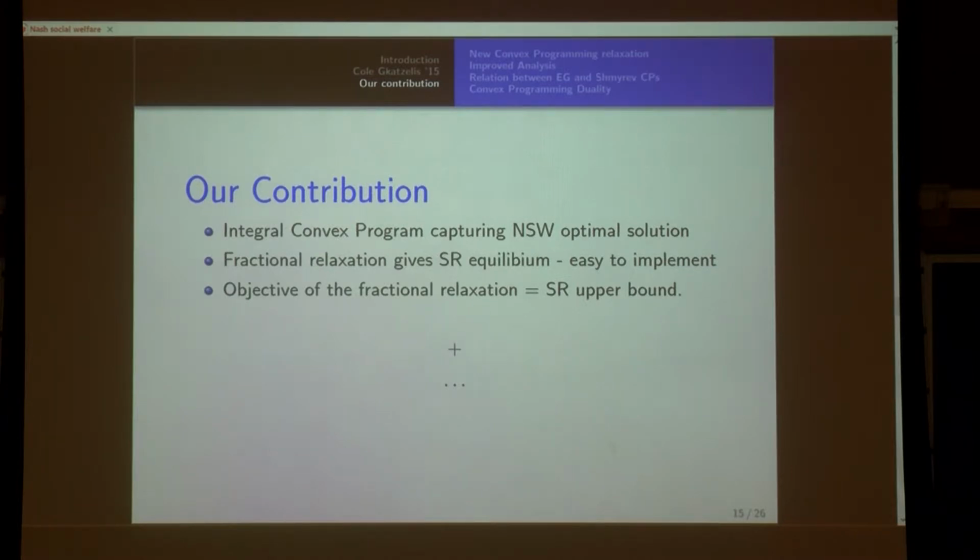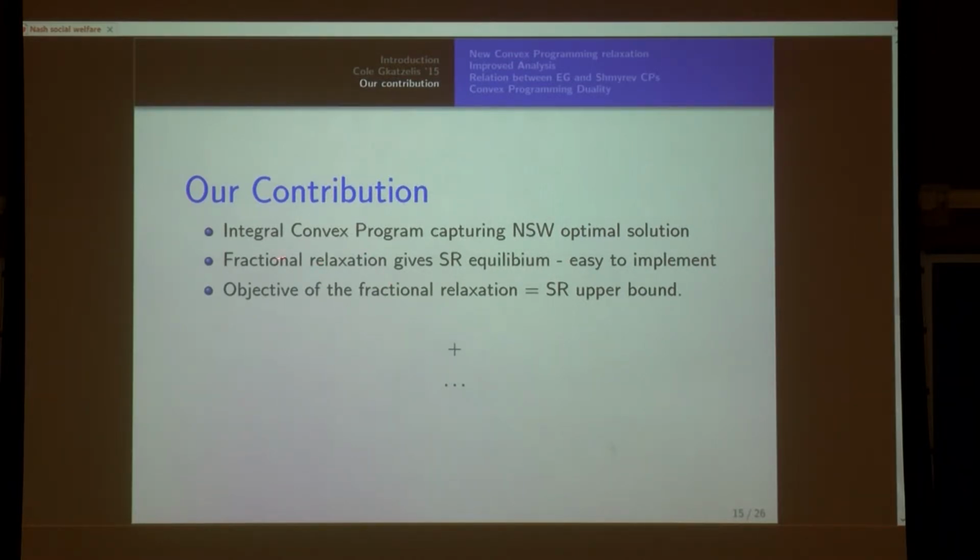Okay, so the one main contribution of this paper is to demystify this whole algorithm, this whole approach. What we show is we give a different integral convex program that also captures the optimal Nash social welfare.